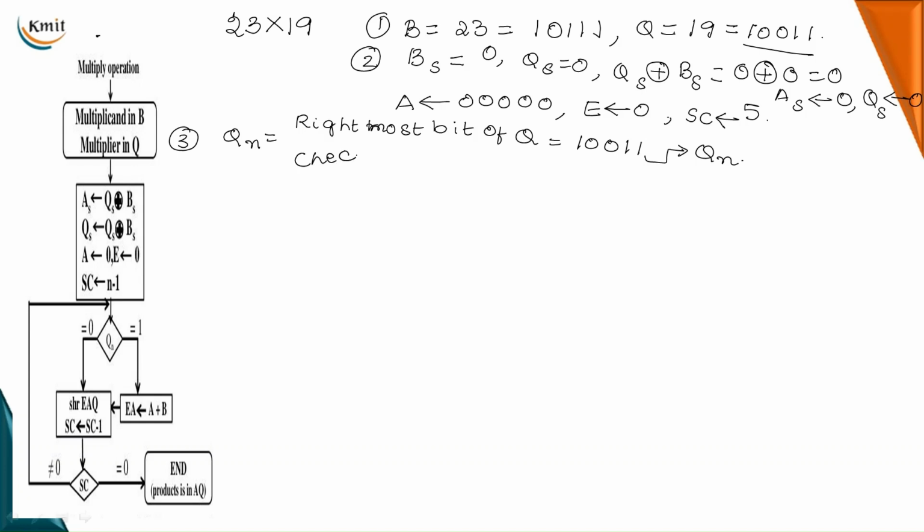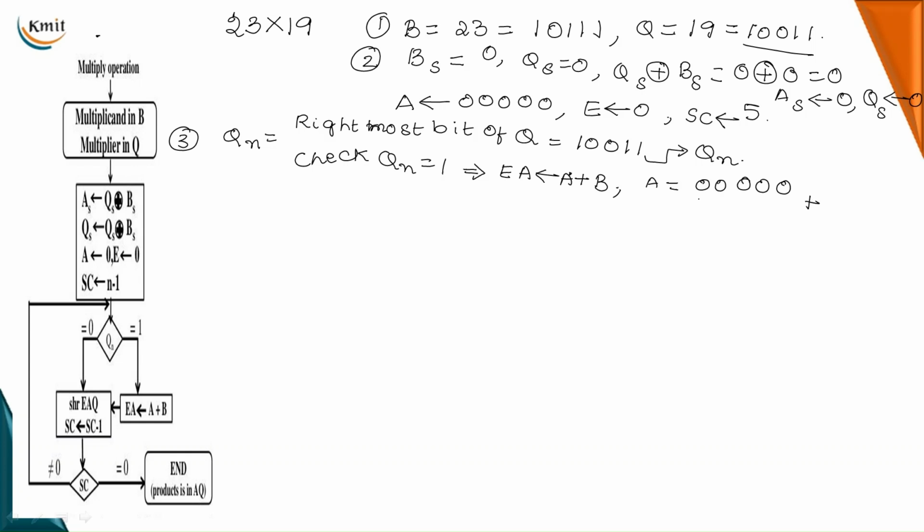Check Qn. So it is equal to 1. So what you have to perform? You have to perform EA implies A plus B first. So what is the value of A? 0 0 0 0 0. It is initialized to all zeros.